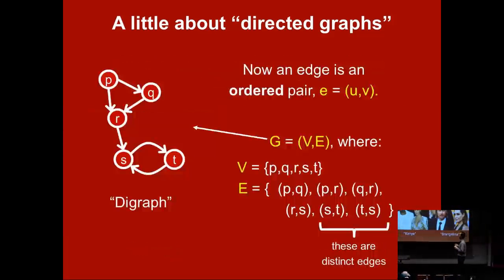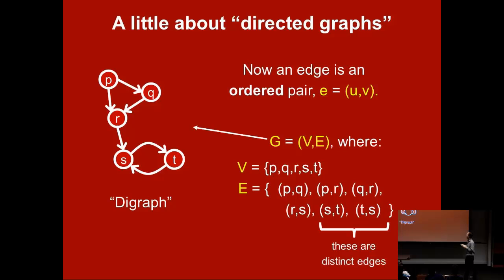Similarly, directed graphs are called digraphs. So that's an example here. Now an edge is not a symmetric relationship anymore. An edge goes from one vertex to another vertex, so you can represent it by an ordered pair.